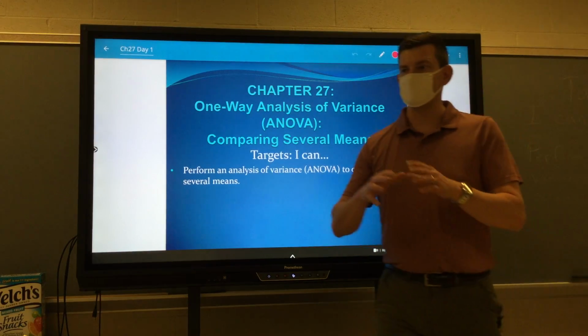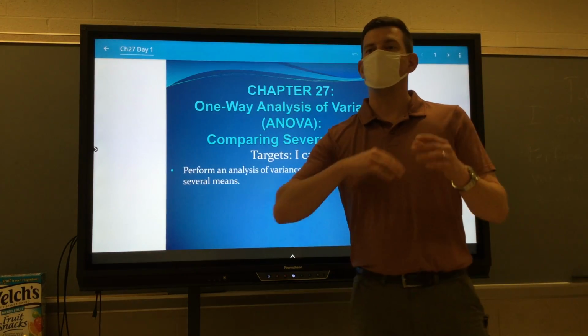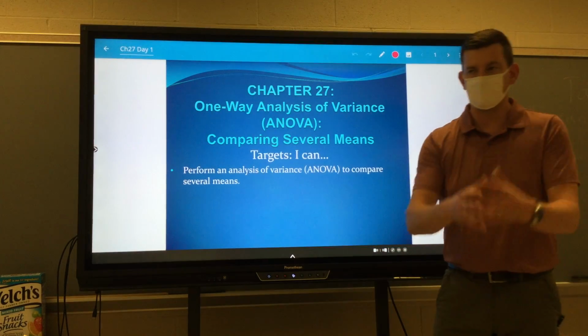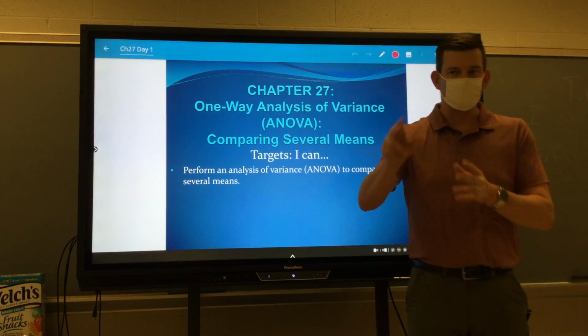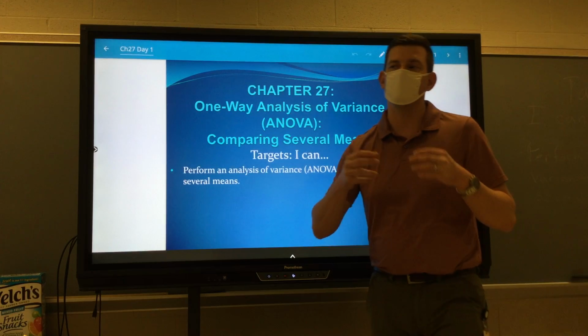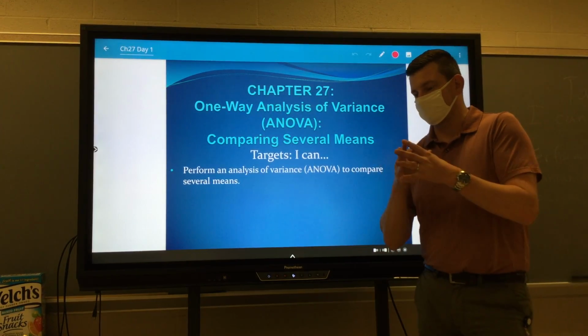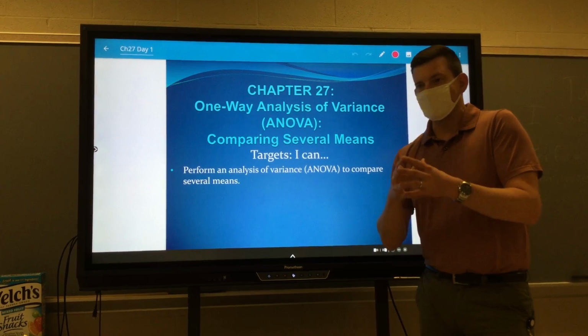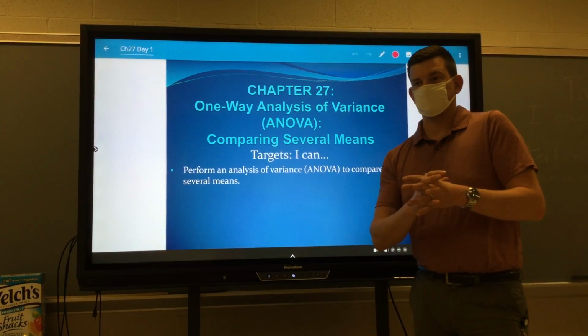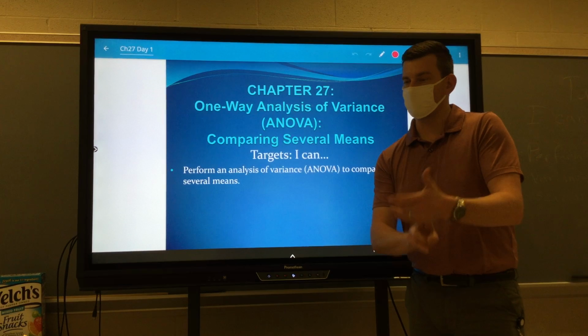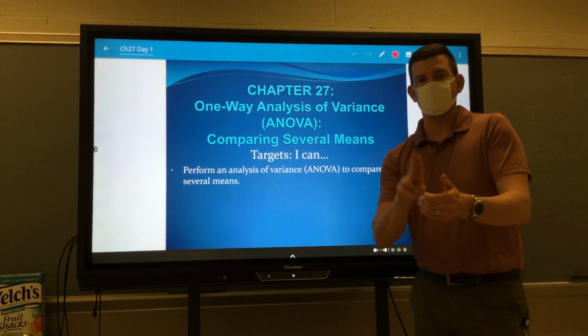If it came back as a significant relationship, then you had to start to dive in and look at the differences, look at those chi-square contributions, in order to determine exactly where that relationship is occurring. That was with categorical data looking at proportions.